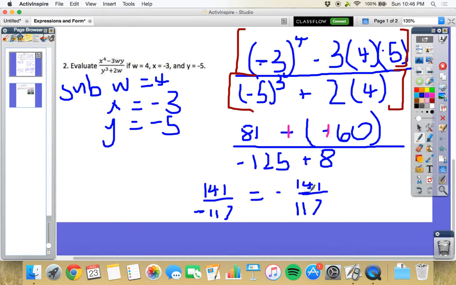It doesn't matter whether you write the negative in the denominator, the numerator, or in front of the whole thing. And then 141 over 117 can be reduced to 47 over 39. So the answer is negative 47 over 39. All right.